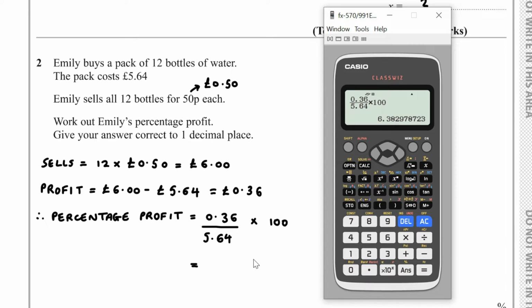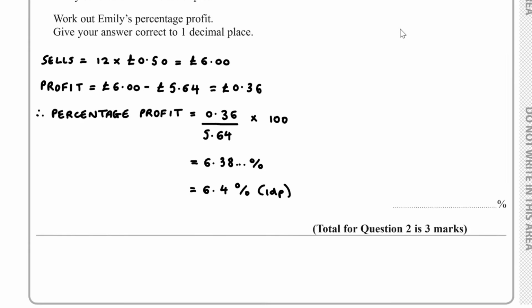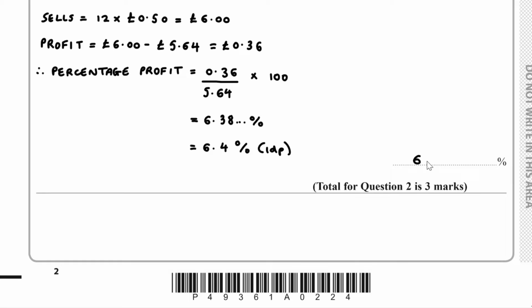It turns out we get 6.38 etc. %, which to 1 decimal place is 6.4%. So therefore we have 6.4% given to 1 decimal place.